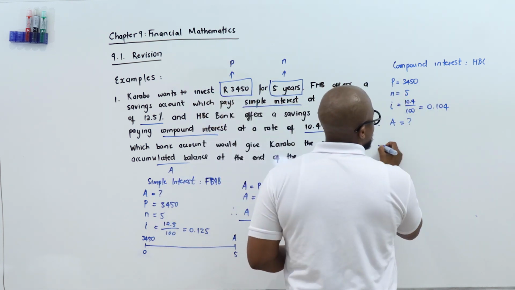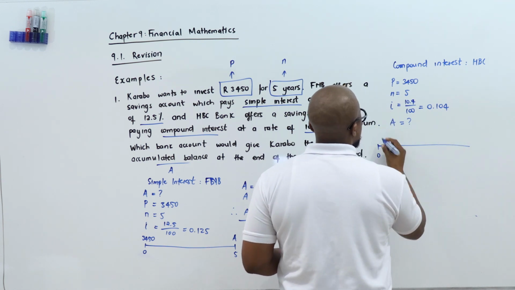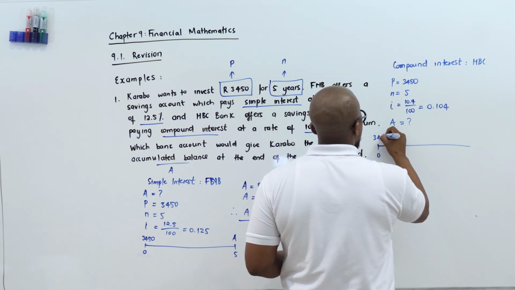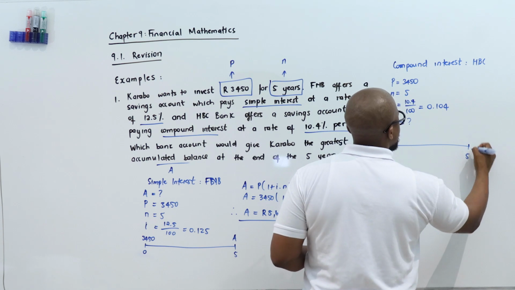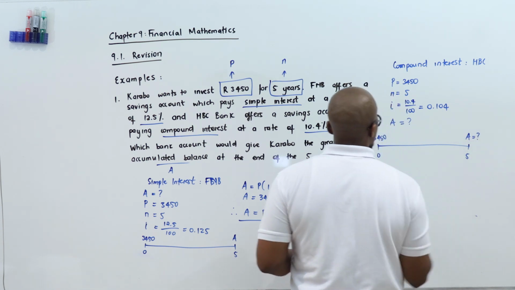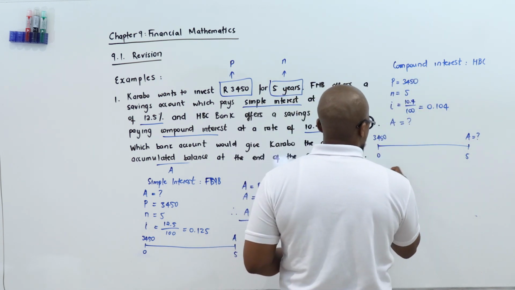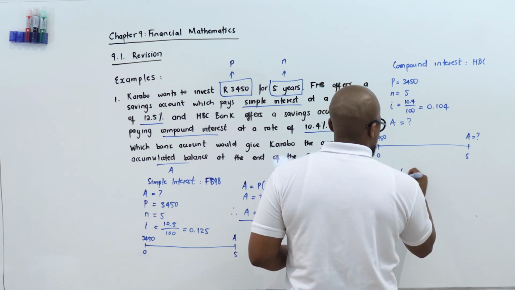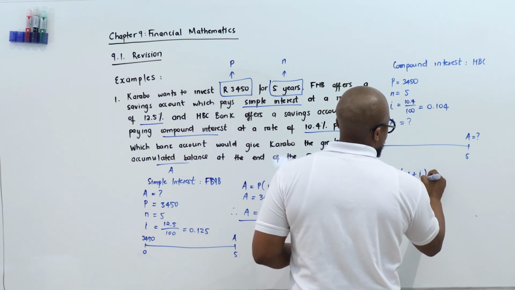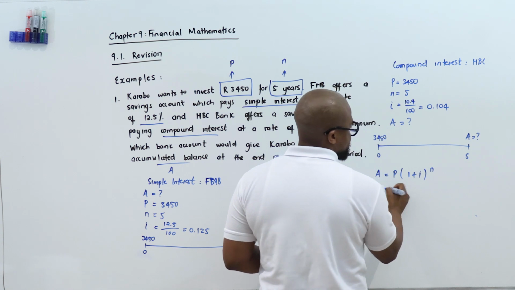Even when we draw a timeline here, at time 0 we've got 3,450 invested, and we need to know in 5 years' time how much the value will be. And that's compound interest. We know that our formula for compound interest is the principal amount times one plus the interest rate, raised to the power of the time horizon, which is n.